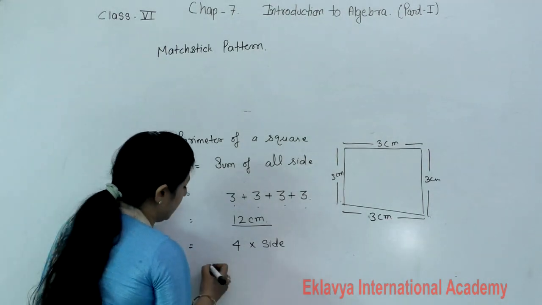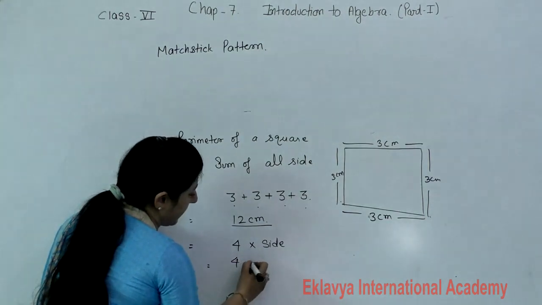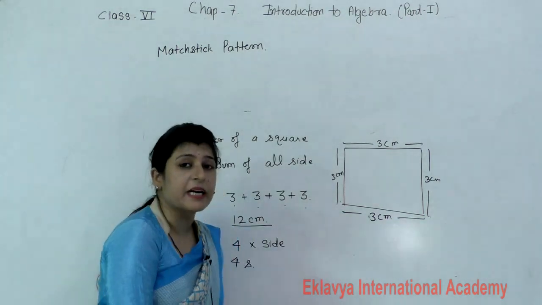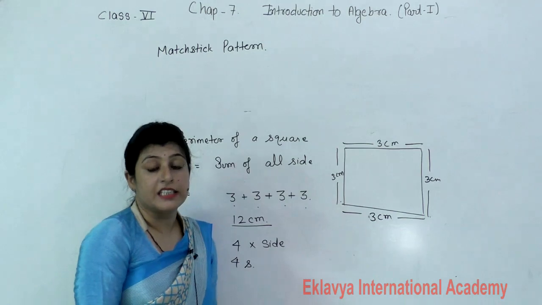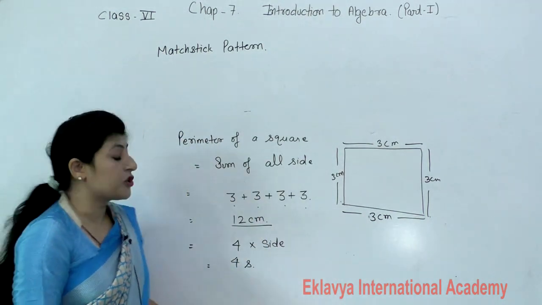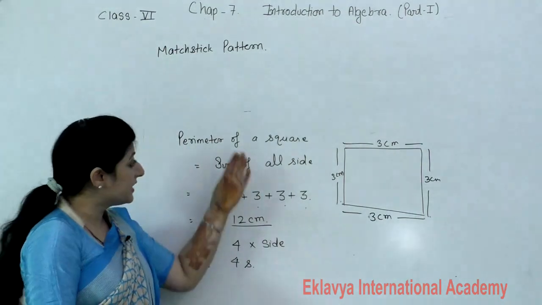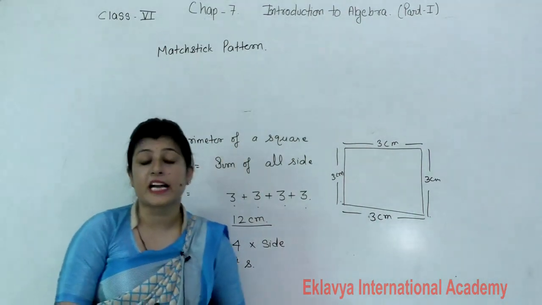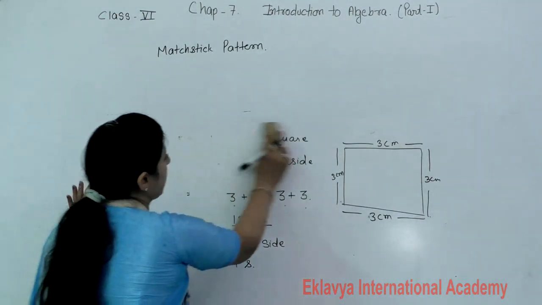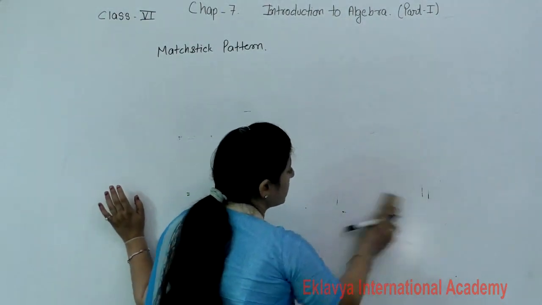And this side we can represent by a small letter s or any letter, sometimes l for length. It is represented by the length l. So this is a short way to represent this formula using an algebraic expression. Another example, see why we are using this variable.